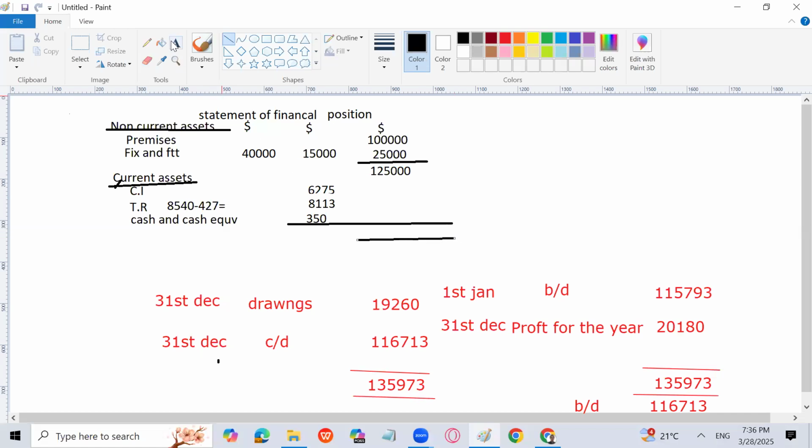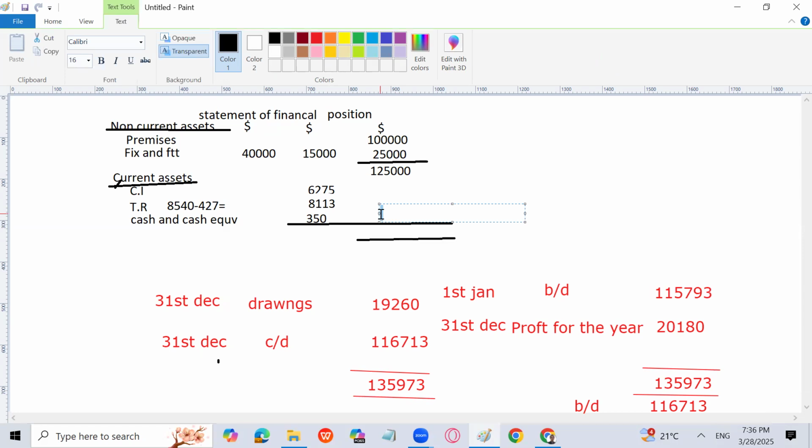What is the amount? 6275 plus 8113 plus 350 is 14738. Here I will write 14738. So now I will go with the total assets. Total assets are going to be how much?